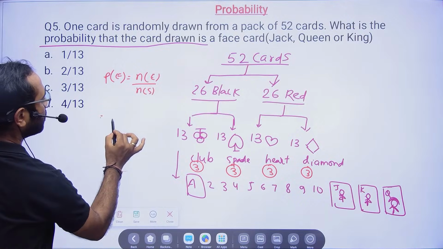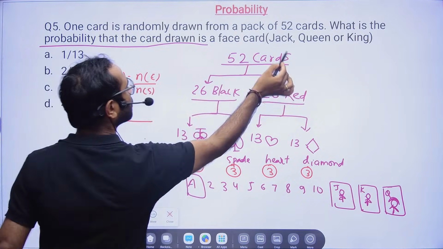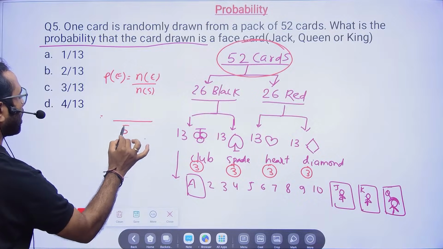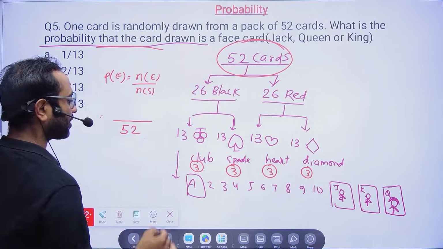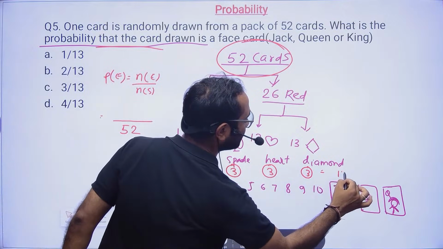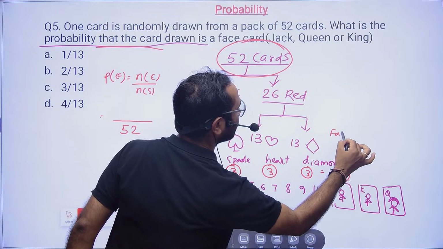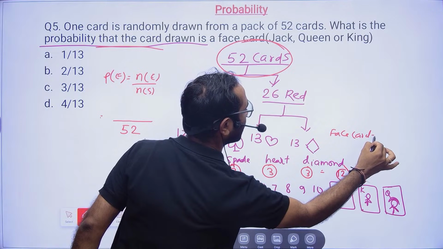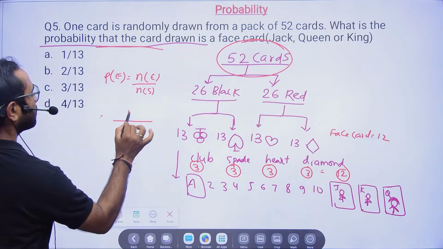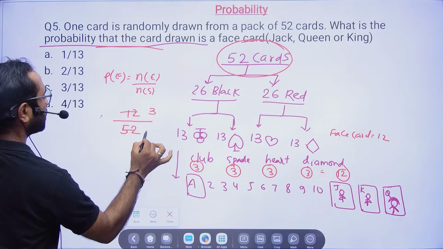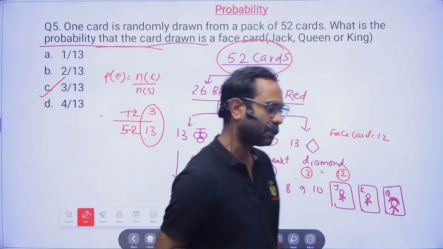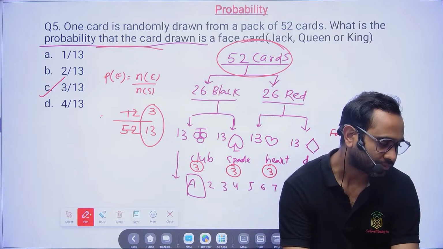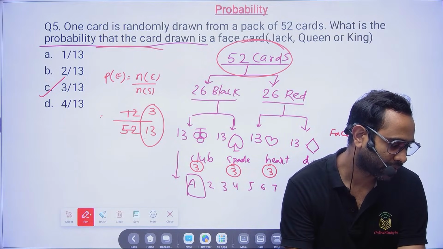Total outcomes is 52 cards, and total face cards will be 12. Please keep that in mind. So 4 3s are 12 and 4 13s are 52. So 3 by 13, that is option C, will become the correct answer. Clear?